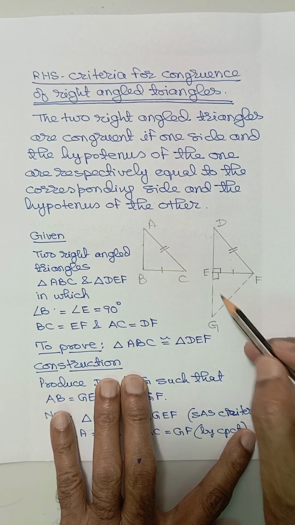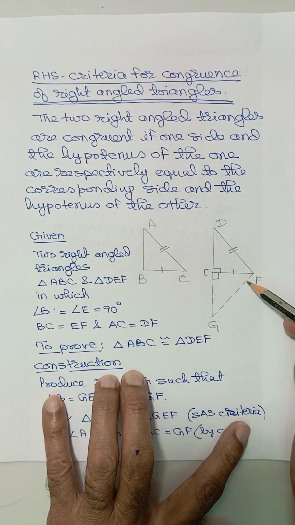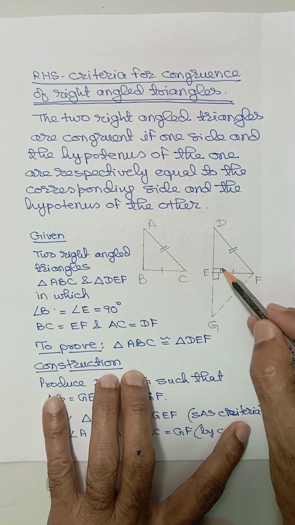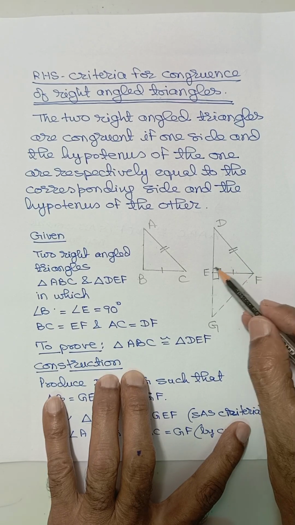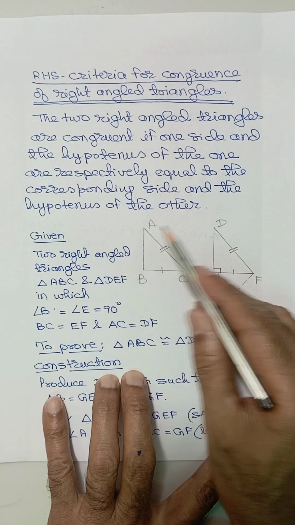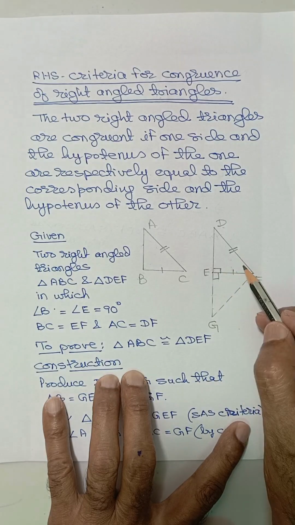Therefore by SAS criteria, these two triangles will be congruent. Similarly, we can prove that these two triangles are also congruent because here we can prove that angle G is equal to angle D.